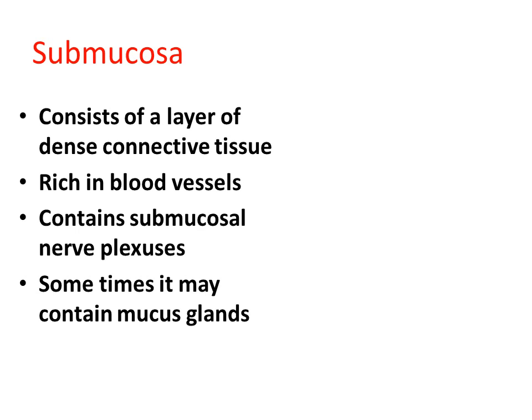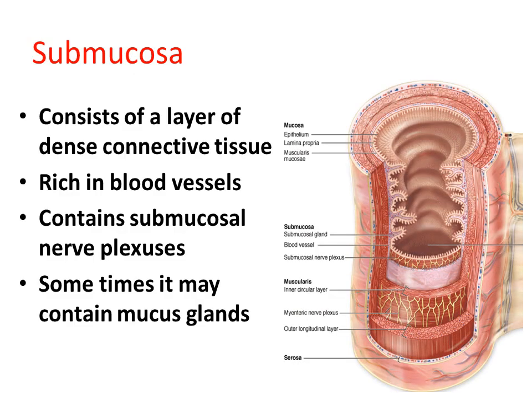The submucosa consists of a layer of dense connective tissue, and as we said, is rich in blood vessels, contains the submucosal nerve plexus, and sometimes may contain mucous glands according to the organ. The same as you can see here, that's submucosa.